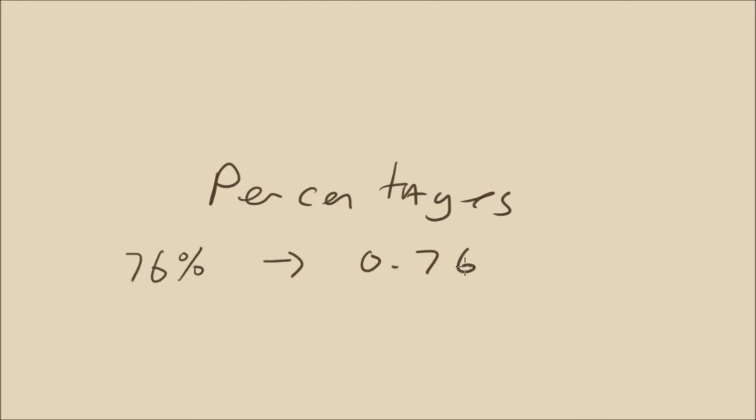The reason for that is that if I take my number, I'm going to call it X percent, and I divide it by 100%, my percent part will cancel out, and I will be left with a decimal of X over 100.